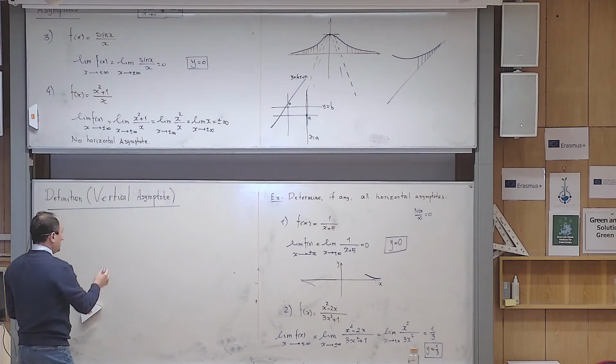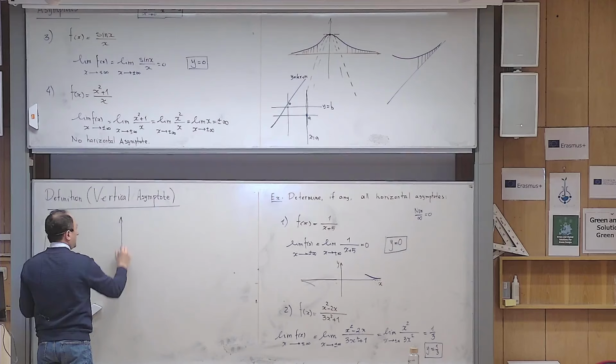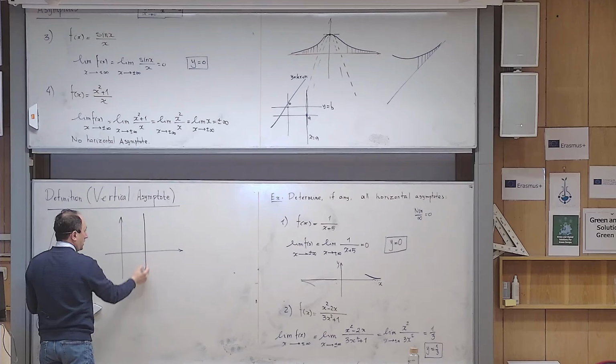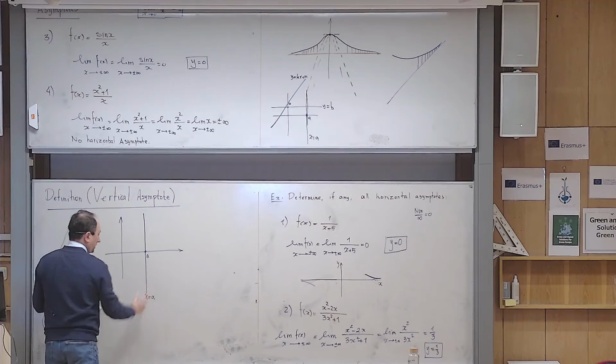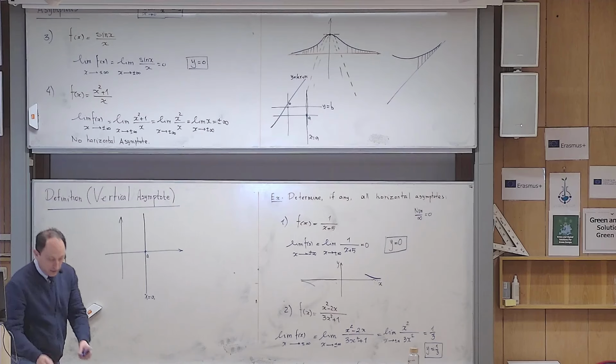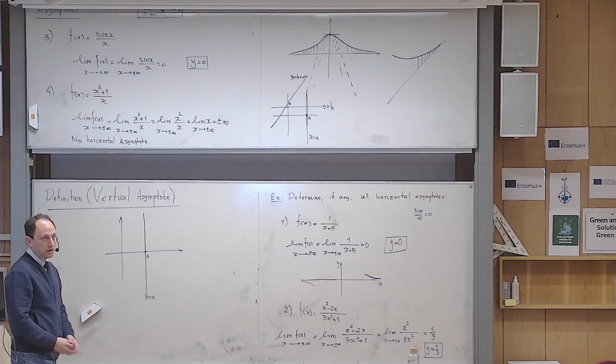Again, the same idea. For example, let us try to intuit this and then we make it formal. So this vertical line, let us say this point is A. So this line is x equals A. I say this line is a vertical asymptote if the deviation from my graph to this line becomes negligible.